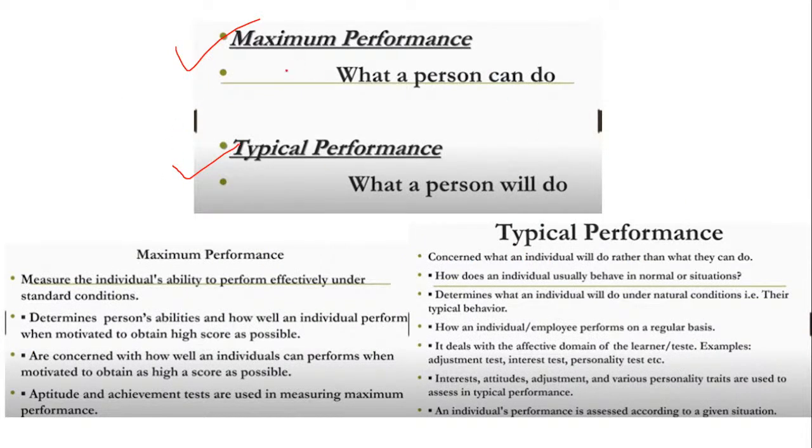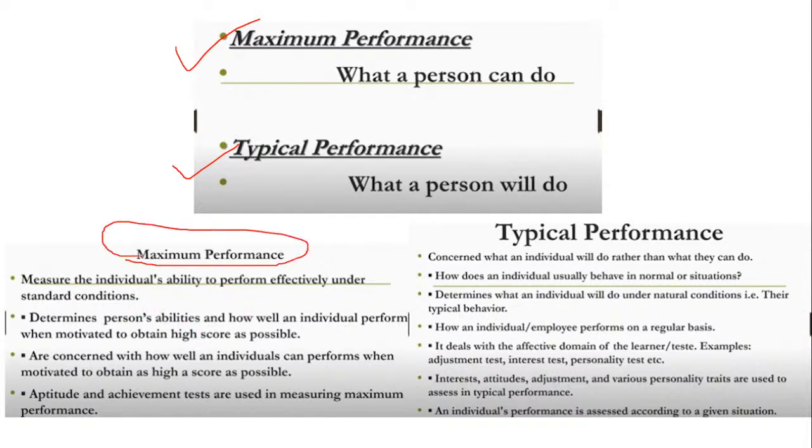Maximum performance is what a person can do, and typical performance is what a person will do, where we are anticipating what exactly a person will do based on his potential or capability. I have tried my level best to put it in one slide. I will read it out for you, and if it is too small, I'll read out each sentence and explain.